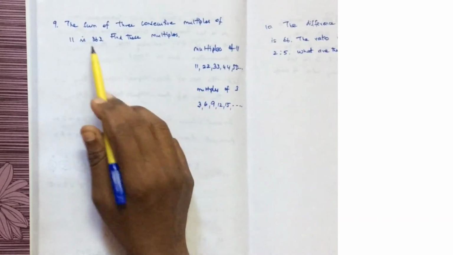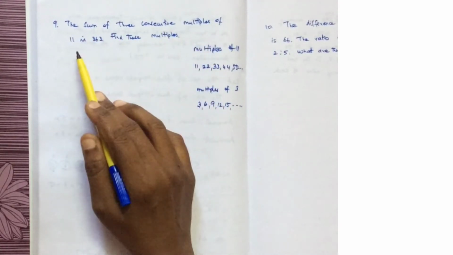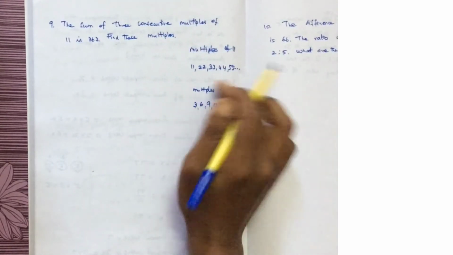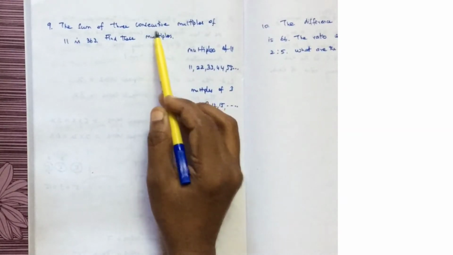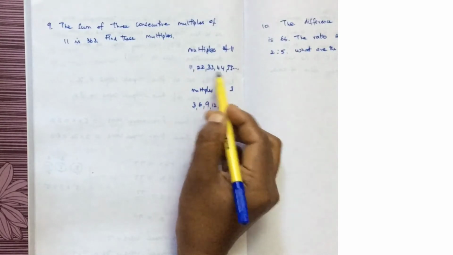Okay, the question is, the sum of 3 consecutive multiples of 11. Now you know what multiples of 11 are. Then what is called consecutive? Consecutive means next to next. Any next to next number is called consecutive.